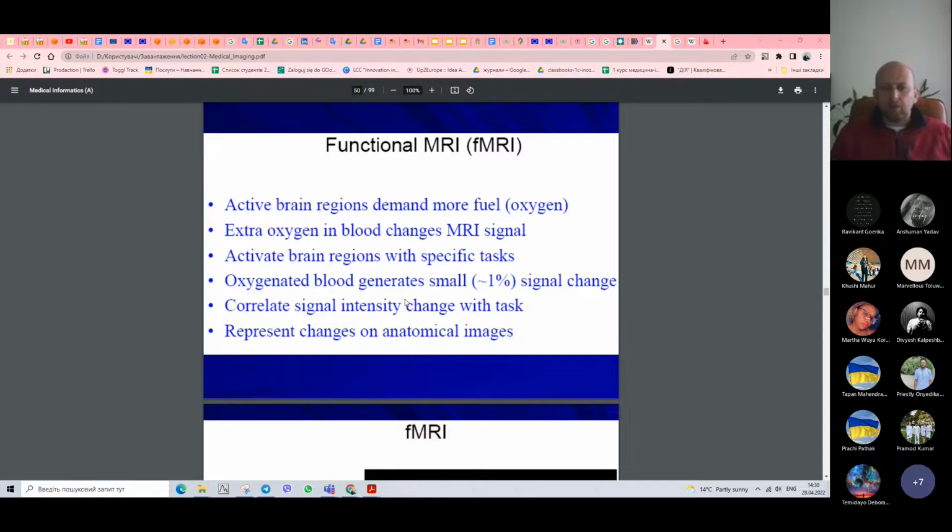Oxygenated blood generates a small, about 1% signal change. Correlate signal intensity change with the task. Represent changes on anatomical images.